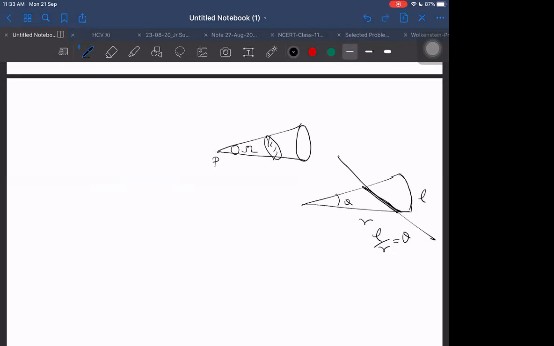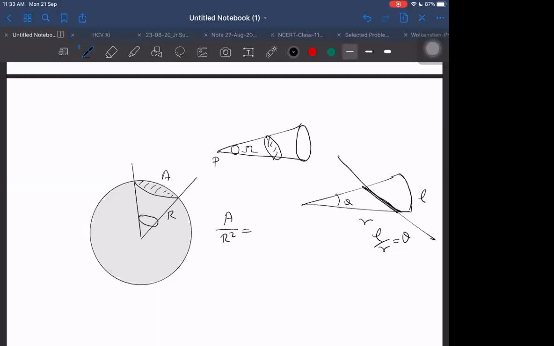Is this solid angle clear or not? If it is clear, then I will proceed further. It does not depend on where we cut. This is a cone here, and this cone is subtending this area here. This area divided by r square will be called the solid angle omega.